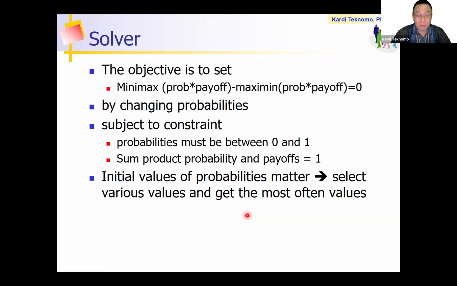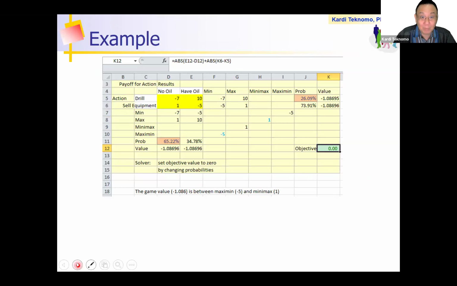You can select various initial values, and then see what values happen most often. So you do it several times, then you get the actual probability. Okay, so let's do our examples.